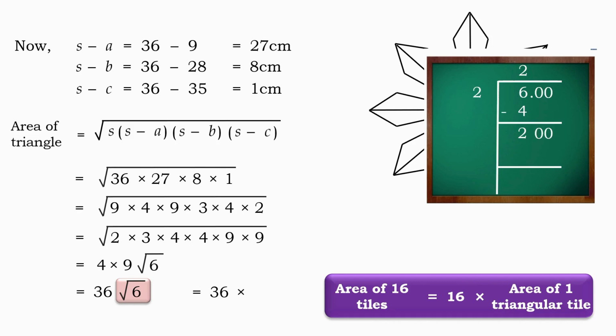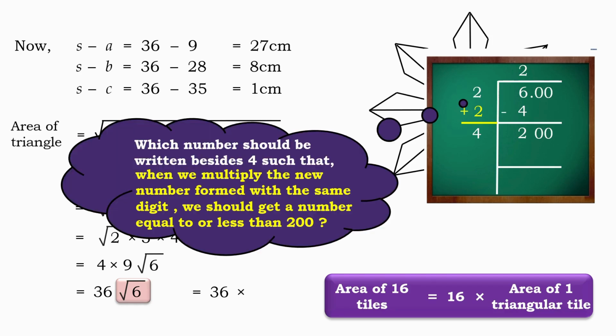Then we will put a decimal point after 2 at the top, and then we will bring down the zeros, and 2 plus 2 is 4. Now we have to think of a number that we can put just beside 4, and multiply that with the same digit only, so that it will be less than or equal to 200. So in this, the same thing is shown over here.